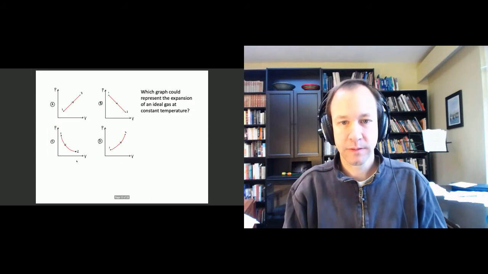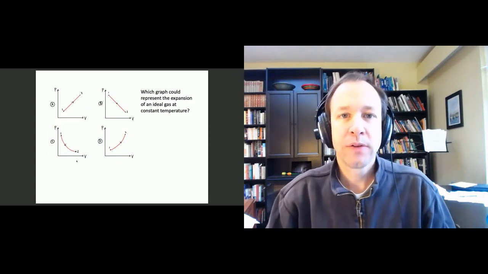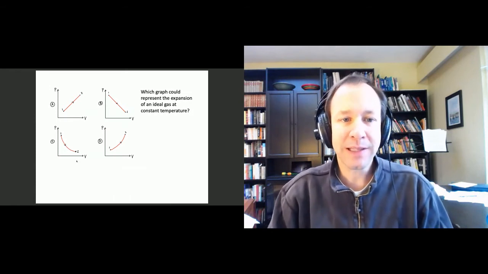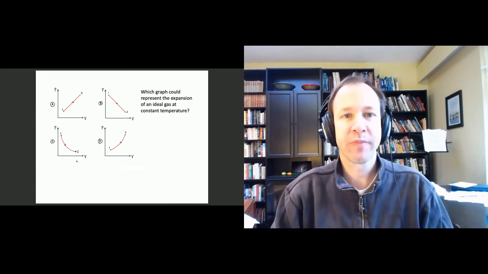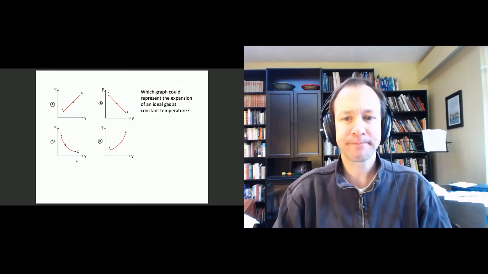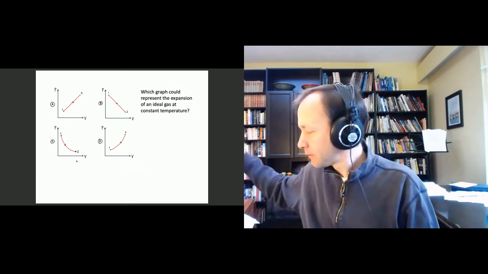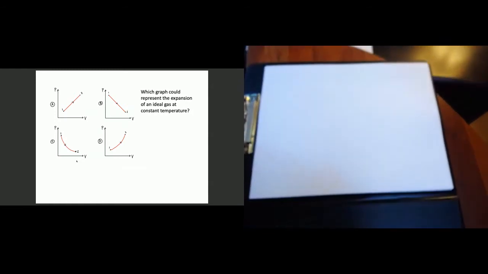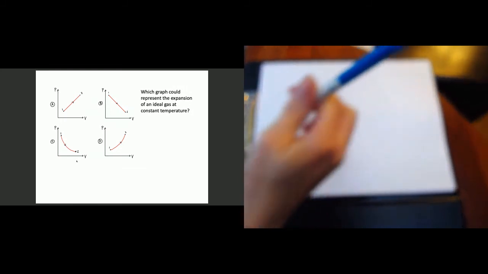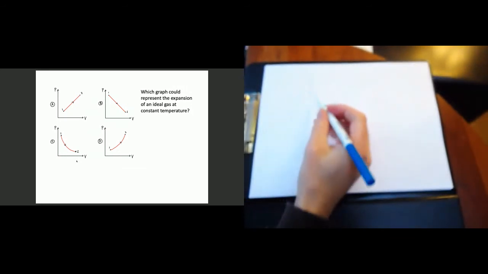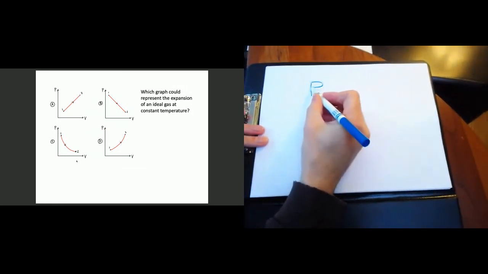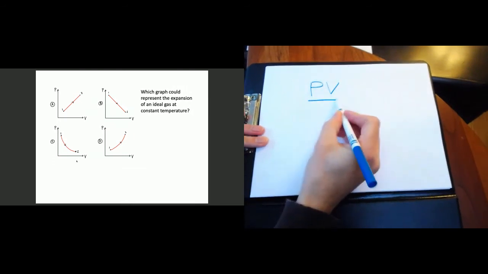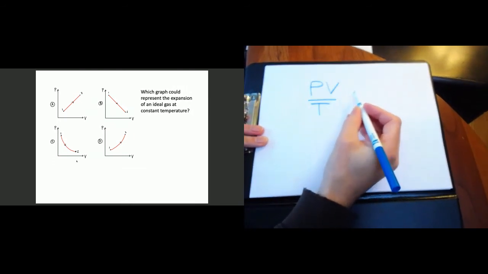So what does a constant temperature process look like on the PV diagram? Okay, so take a minute to think about this one, and then we will discuss. Okay, so the constant temperature processes are a little bit more complicated looking, but we can understand them.